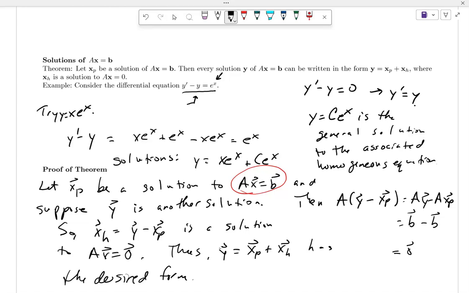Let's again think about why this is important. And again, it's illustrated from what we did with the differential equation. If a homogeneous system has more than one solution, how many solutions does it have? Infinitely many, right? If it has more than one, it has infinitely many.